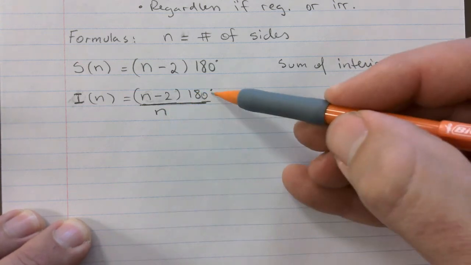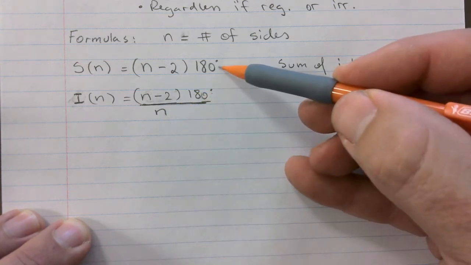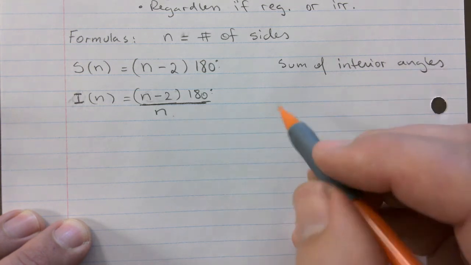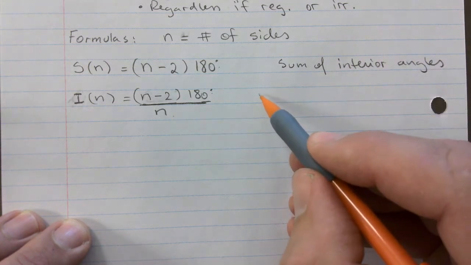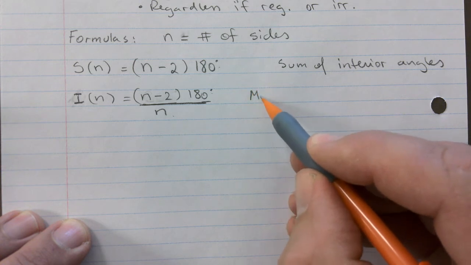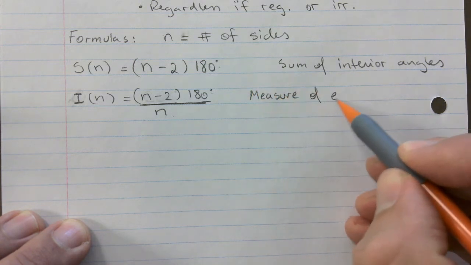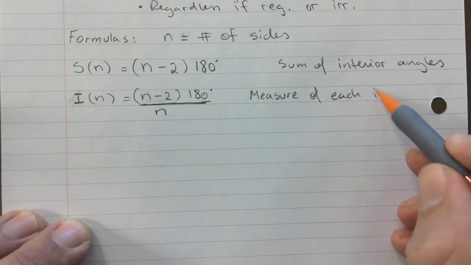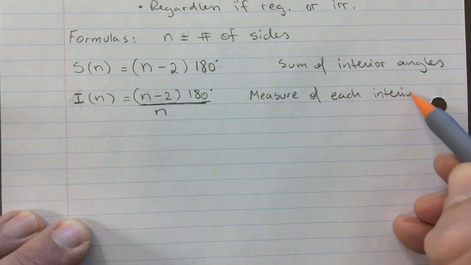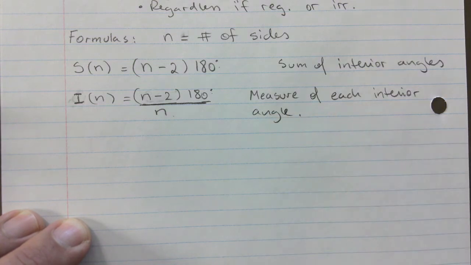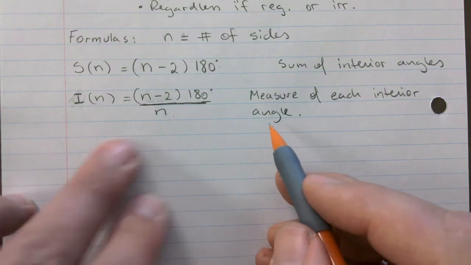Watch, it looks very much like the one I just gave you, except for this one is being divided by the number of sides. Okay? This would be the measure of each interior angle. There's going to be a but after this, but anyways.